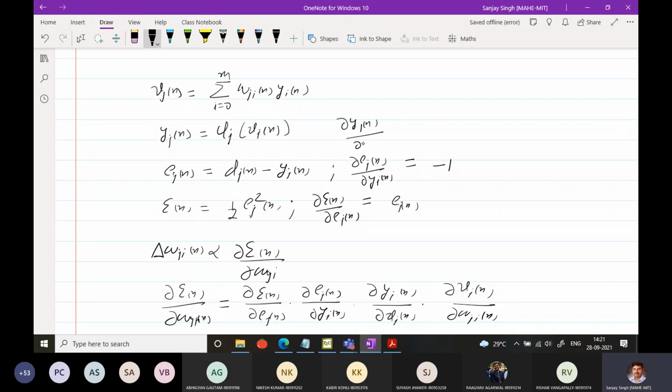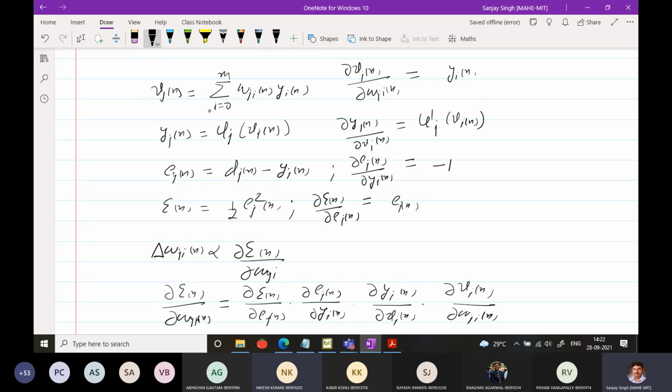Then dYj(n) over dVj(n): we don't know the nature of this function phi, so we write phi prime j, and later we'll see what the function is. Now dVj(n) over dWji(n), what value am I going to get here? Yi(n), yes.